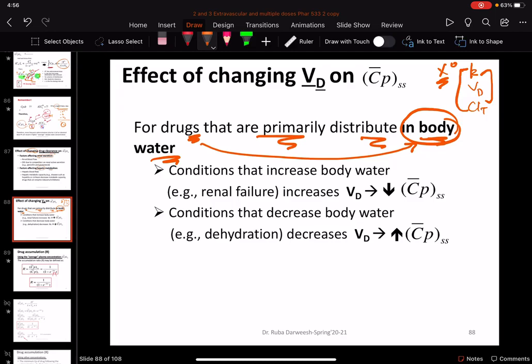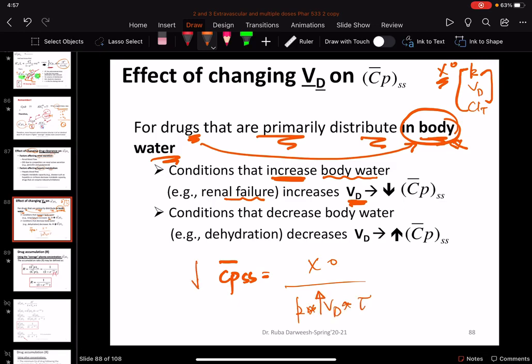But if the drug is primarily distributing in the hydrophilic or watery aqueous compartment, then increasing the body water, such as in renal failure, would increase the volume of distribution. So accordingly, if this increases the volume of distribution, then the average steady state would decrease, and the opposite if we are talking about decreasing the body water, as in dehydration or burns.